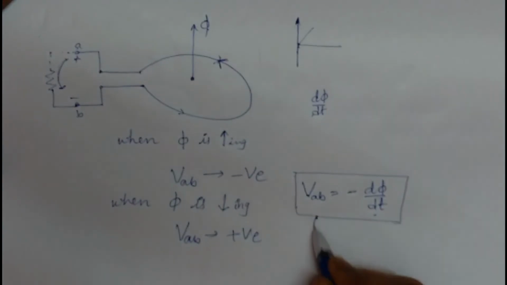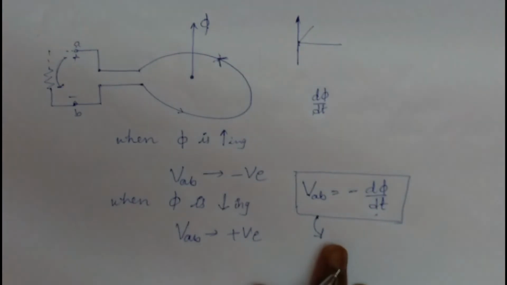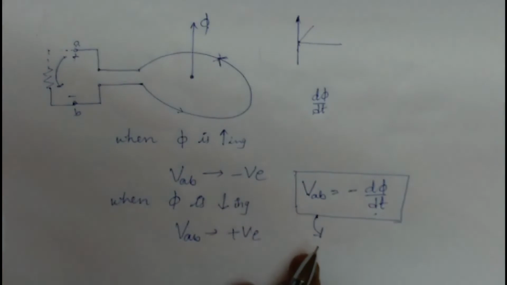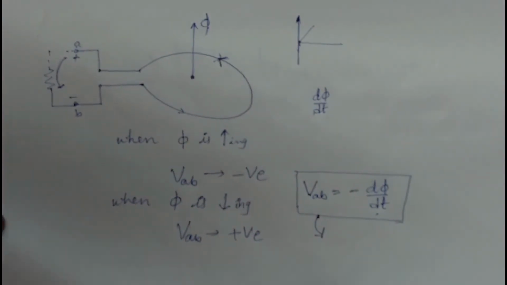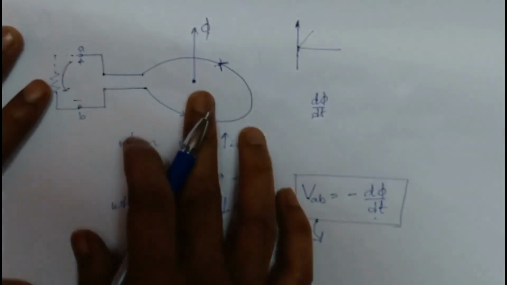Through Faraday's law and Lenz's law, we get this formula. Now we have derived this. If you want to move ahead, the discussion we shall do is for a sinusoidal flux. Just remember this, or else I'll draw it again.